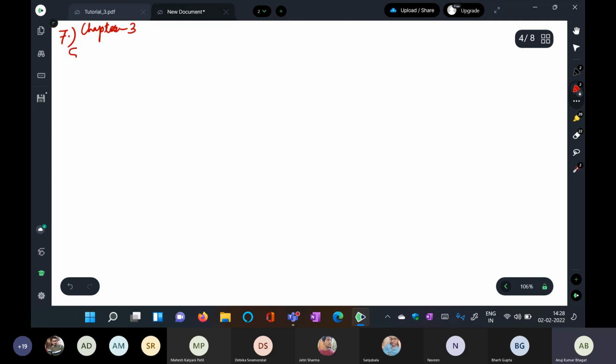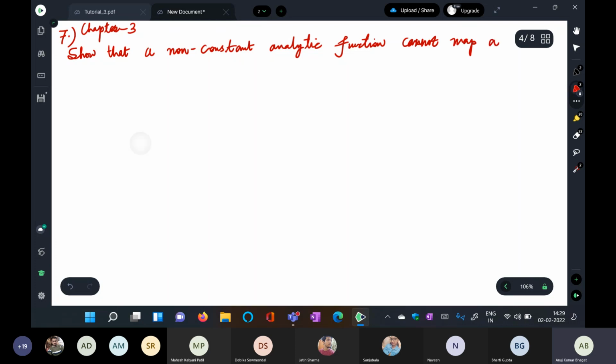The question was: show that a non-constant analytic function cannot map a region, here region means domain, open and connected, into a straight line or into a circular arc.